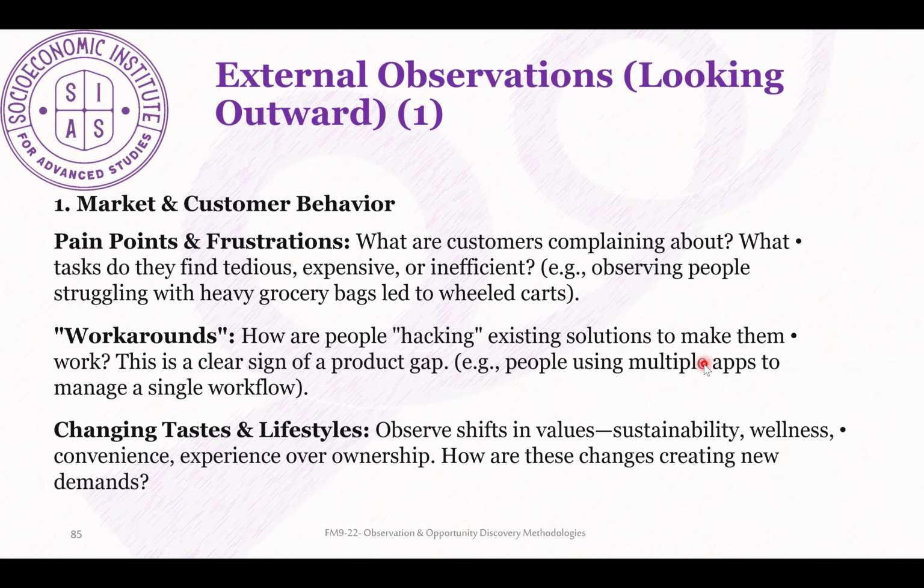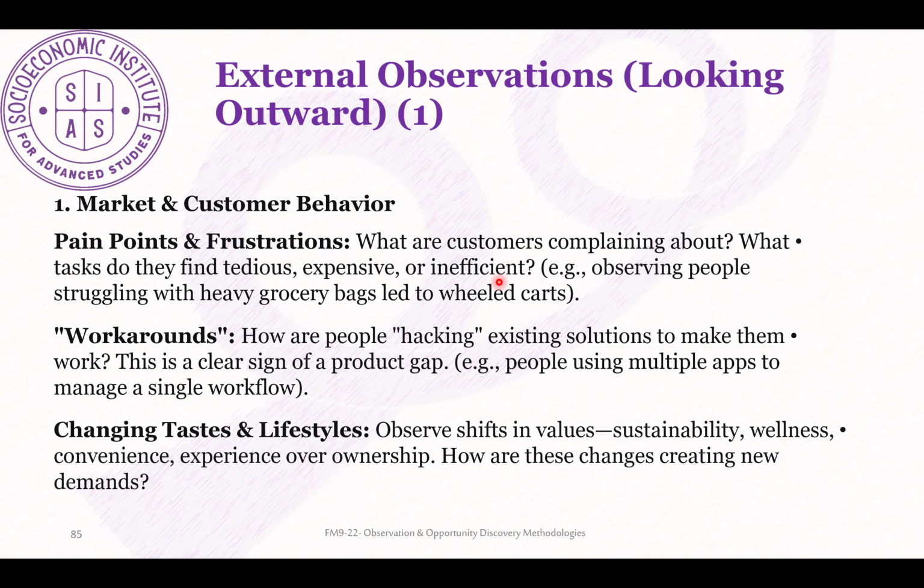Now, for external observations, it might be, for example, about the market or customer behavior. It can be about pain points, or frustration. What are the customers or the beneficiaries complaining about? What tasks do they find tedious, challenging, or inefficient?